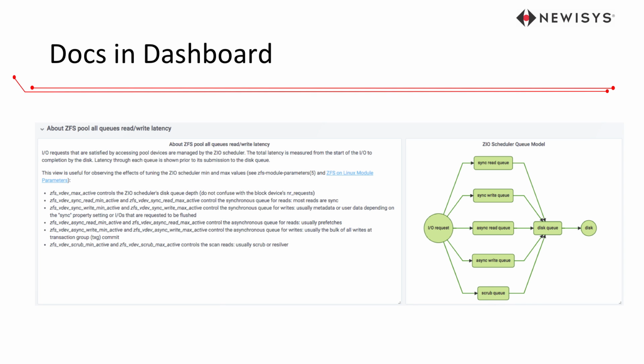Earlier today we were talking about the ZIO pipeline and briefly mentioned the fact that we break these IOs out into queues. We have 5 queues: sync read, sync write, async read, async write, and the scrub queue. Those all merge back together and get sent down to the disk, which also has a queue.